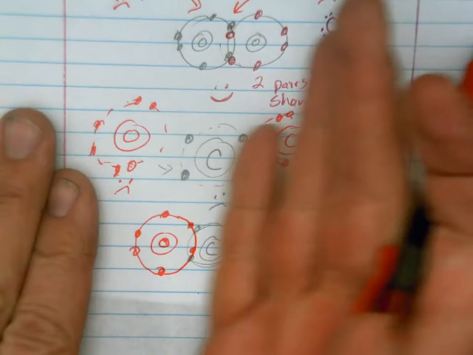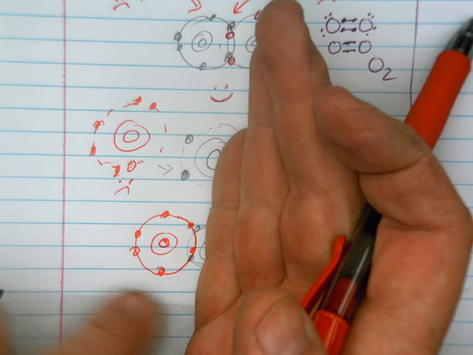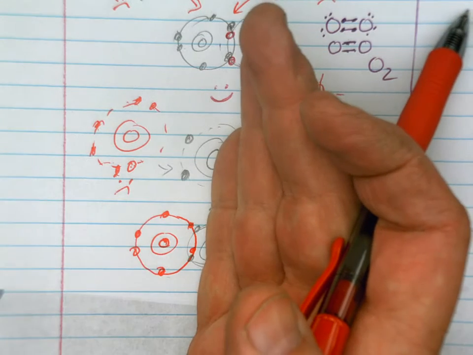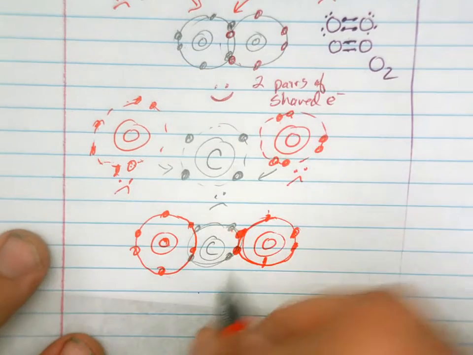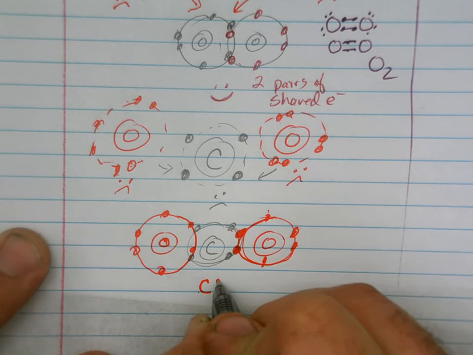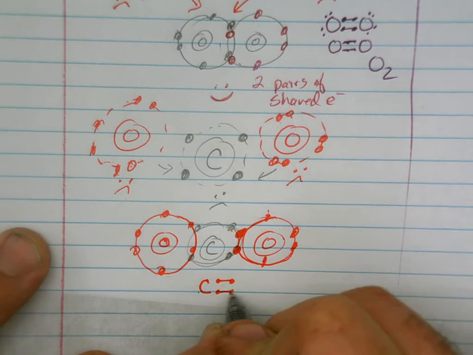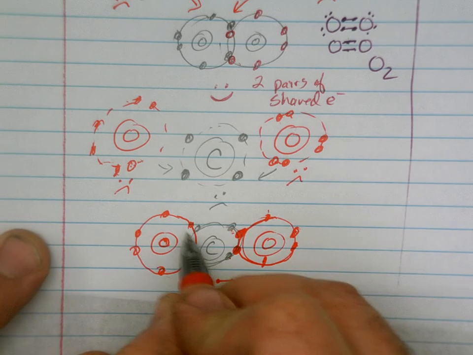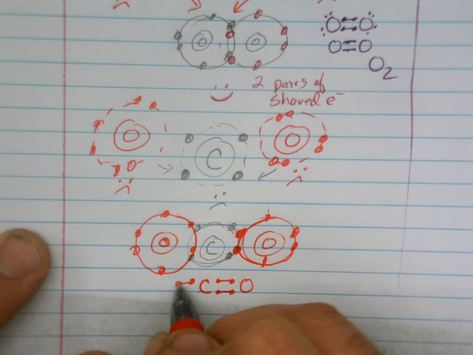And for the next fraction of a moment, this oxygen has 1, 2, 3, 4, 5, 6, 7, 8 electrons there. So we end up with carbon, and we got 2 sets of electrons here that are sharing between that oxygen, and we've got a pair of electrons that are being shared there.